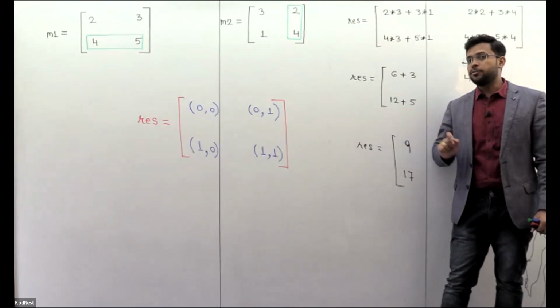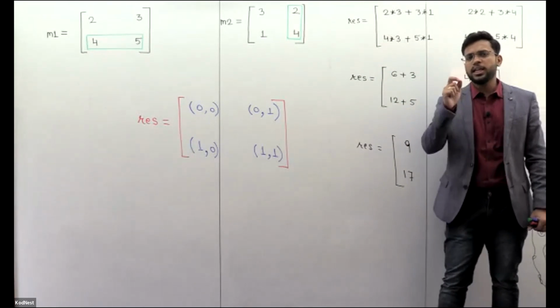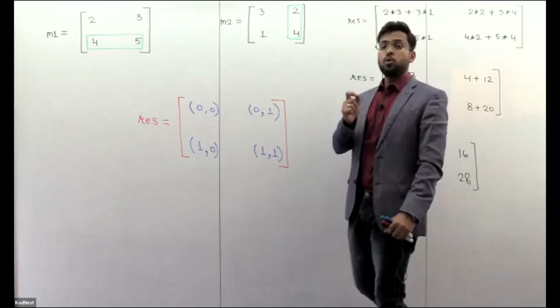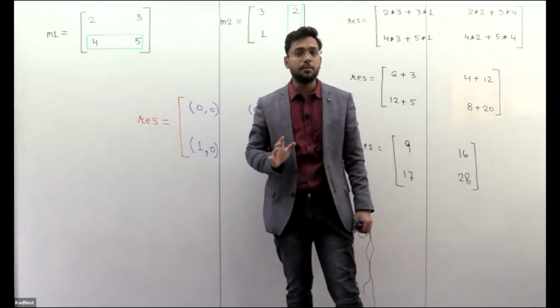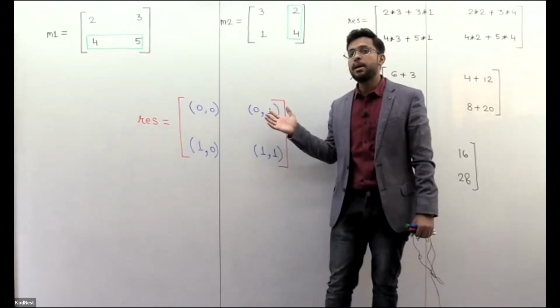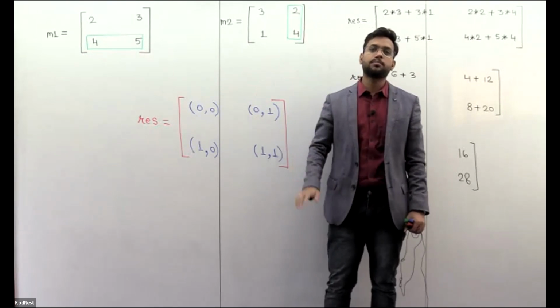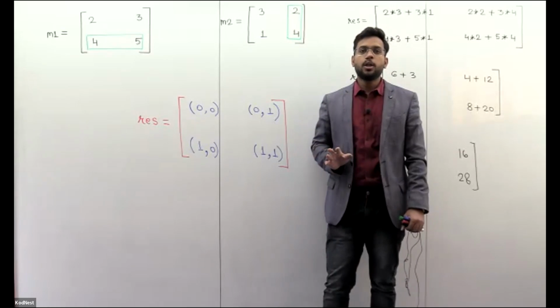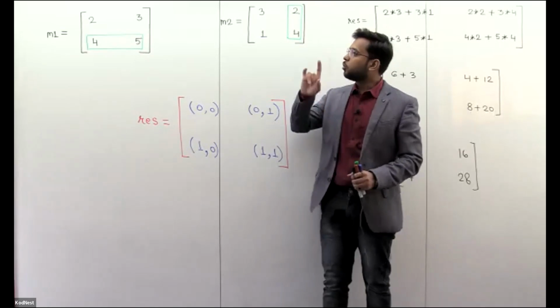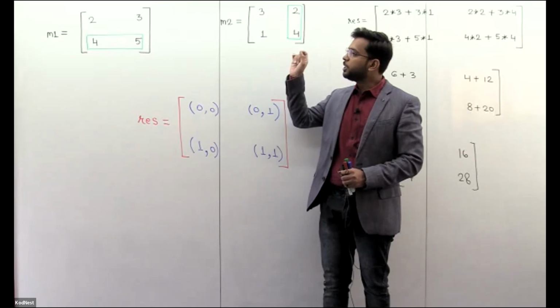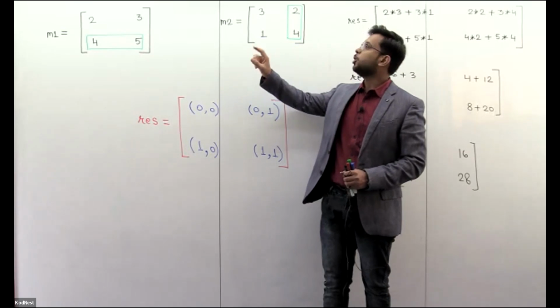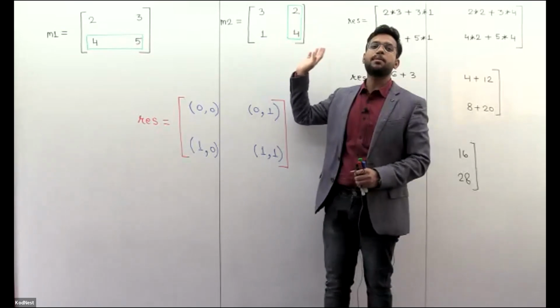Logic is there in front of you. I want each and everyone to use your 100% brain and try to implement this particular logic in Java. You can do it. You just have to see which row or which element of M1 you are multiplying with which element of M2.